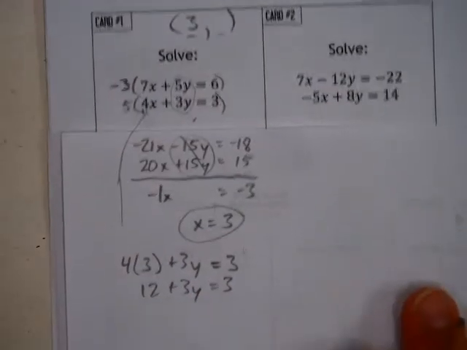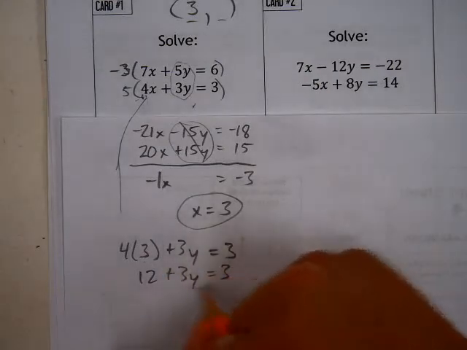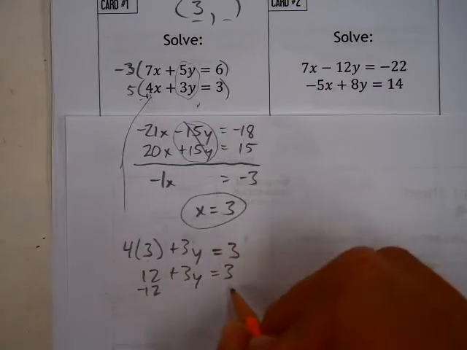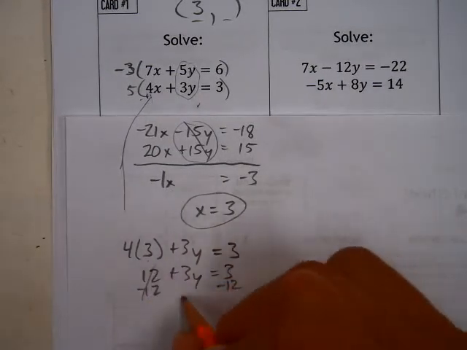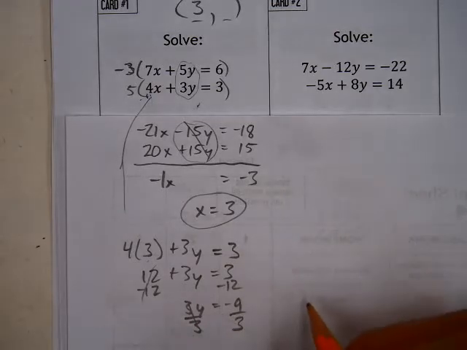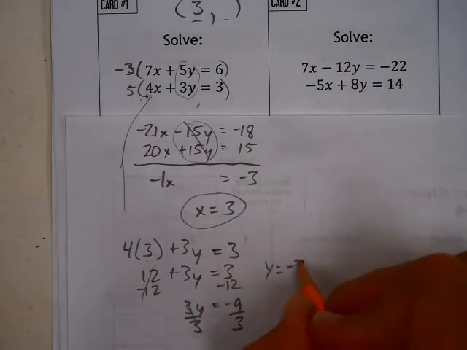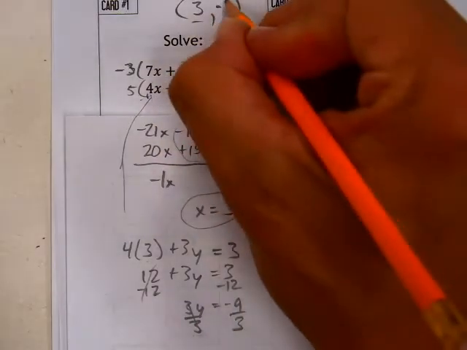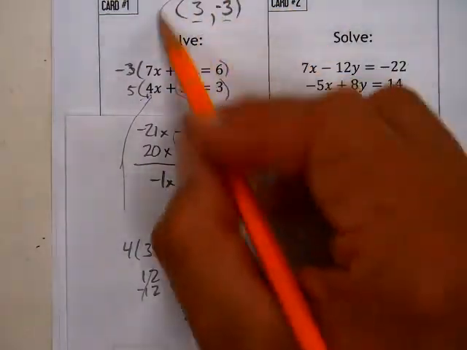Now to solve for y, the next step would be minus 12 on both sides. That goes away. I'm left with 3y equals negative 9. If I divide by 3, I get y equals negative 3. So that is my solution.